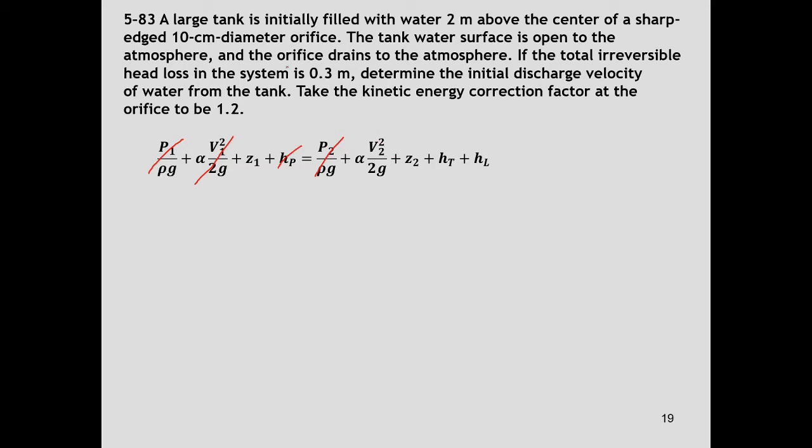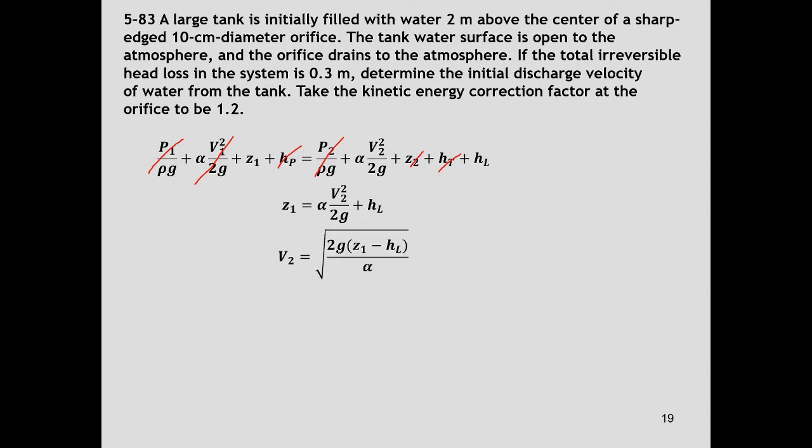V2, the orifice is 10 centimeter diameter, so you can get V2. Z2 can be considered 0 because Z1 is 2 meter above it. There is no turbine. There is a head loss of 0.3. So the equation becomes Z1 equal to alpha V2 square over 2g plus HL.